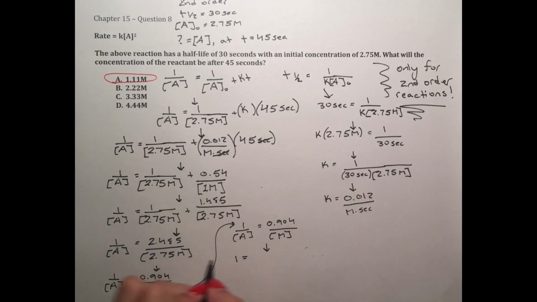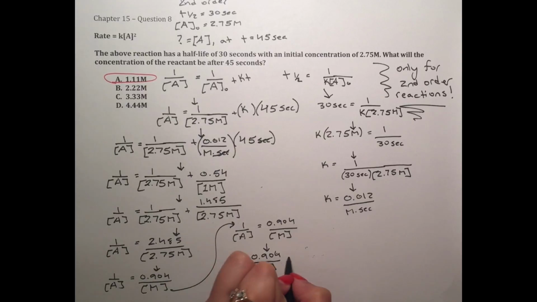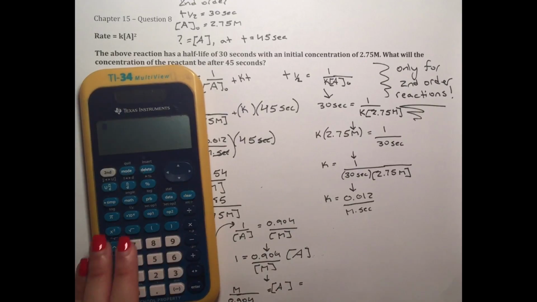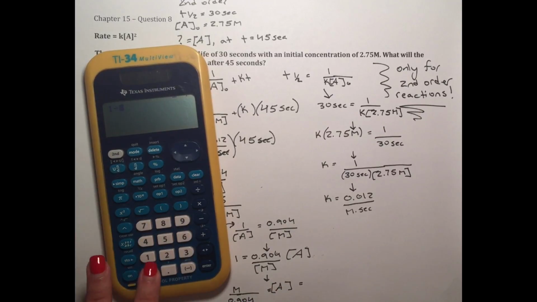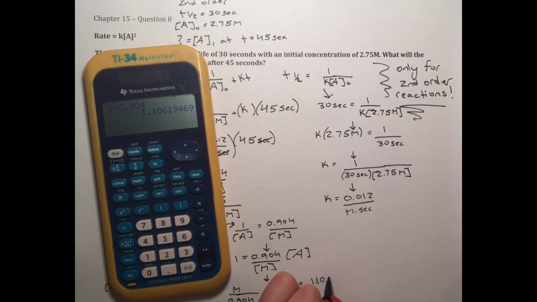So what I'm going to say is 1 is equal to 0.904 over molar times A. And now A is going to be molar over 0.904, and that is equal to 1 divided by 0.904, which is 1.106.